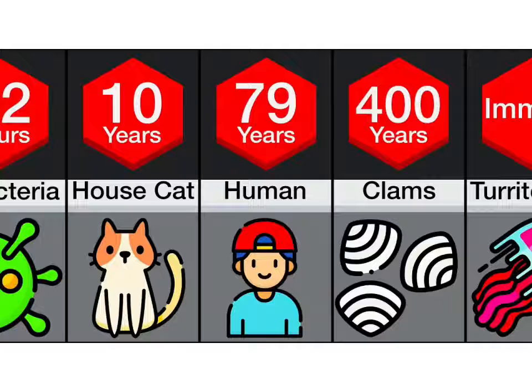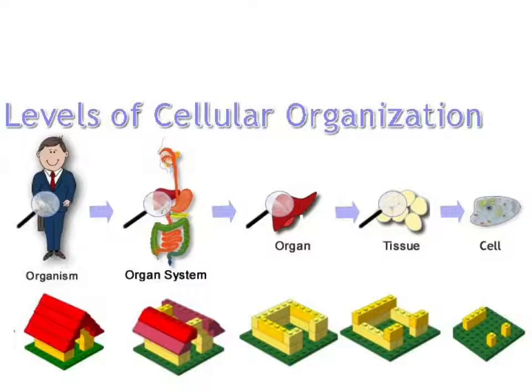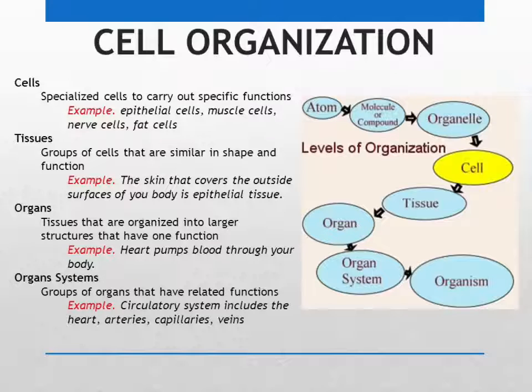Now, the next characteristic of living organisms is their structural organization. All living things are made of cells. A cell is the smallest unit of living things. Some living things are made up of only a single cell, like amoeba, yeast and bacteria. These organisms which are made up of only one cell are called unicellular organisms.